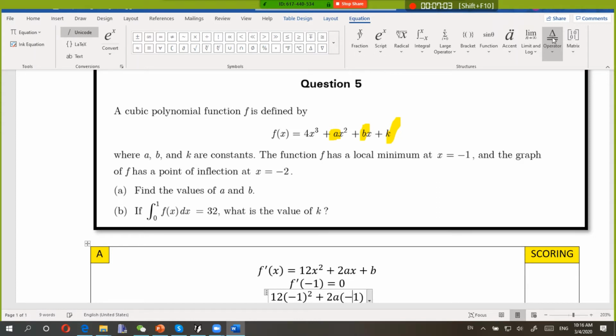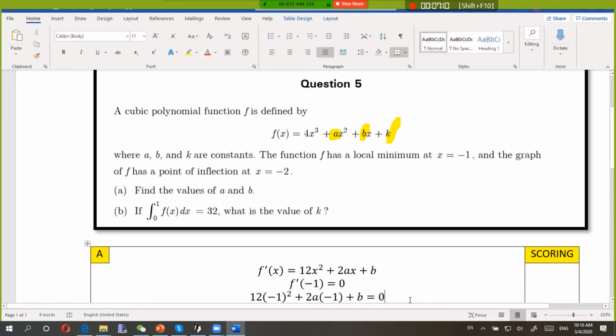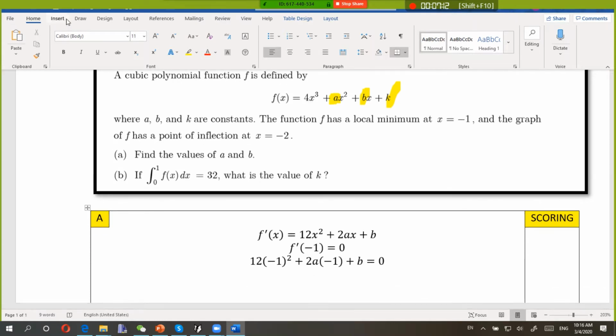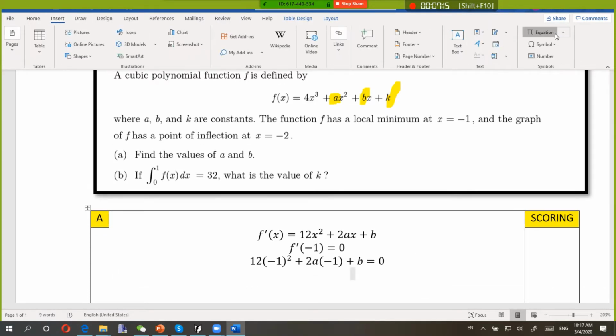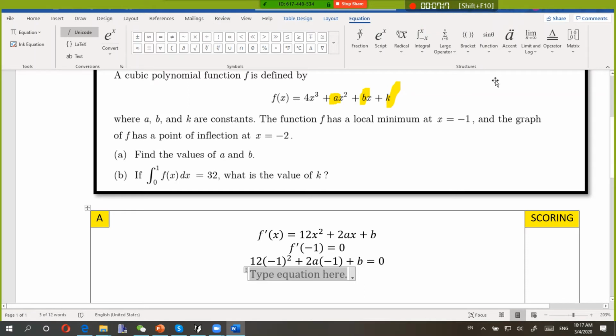It's 12 minus 2a plus b, and we can simplify. So what should my final equation be here? 12 minus 2a plus b. Perfect. 12 minus 2a plus b should be equal to 0.